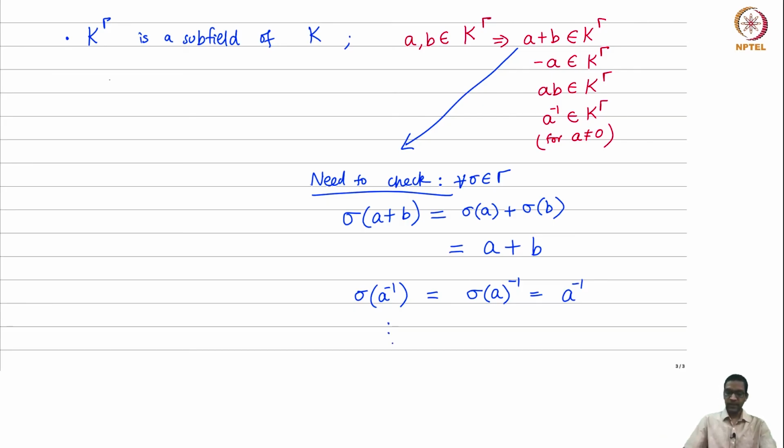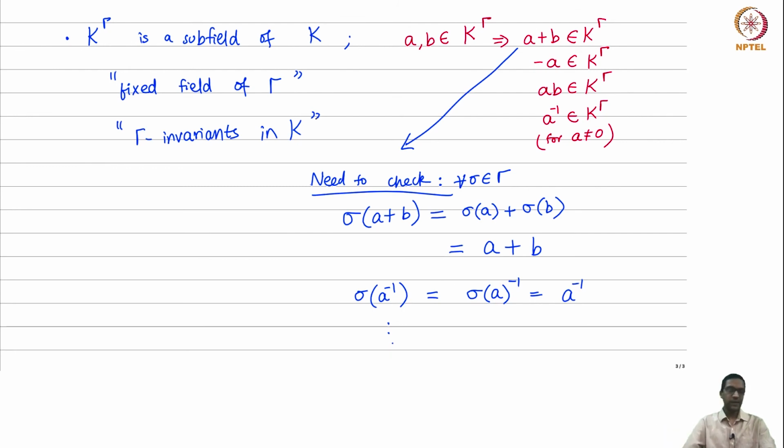So this is a subfield, and this is usually what's called the fixed field of gamma. Or sometimes called the field of gamma invariants, the subfield of gamma invariants. Okay, so you'll see all these terms used.